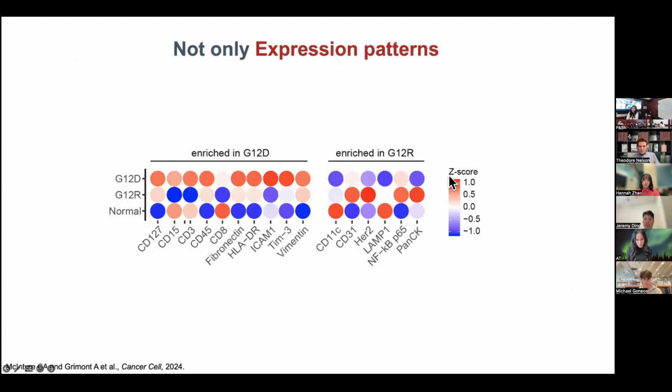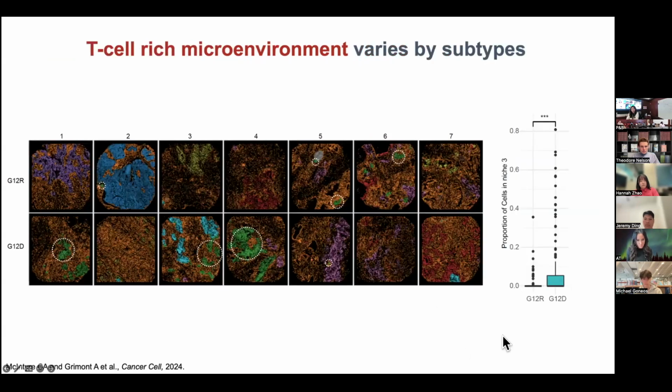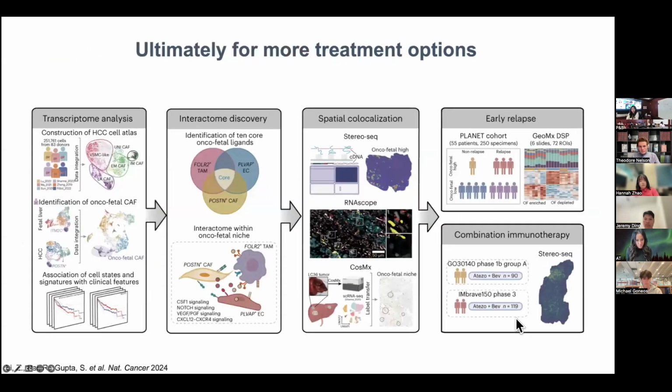You can still do expression pattern analysis as you would do in bulk RNA sequencing, but you can now project some of this information onto spatial coordinates. You can see specific T cell environments tend to be spread farther apart in a specific genotype over the other, and start to question, okay, what are the unique immune microenvironments that differentiate different subtypes of the tumor?